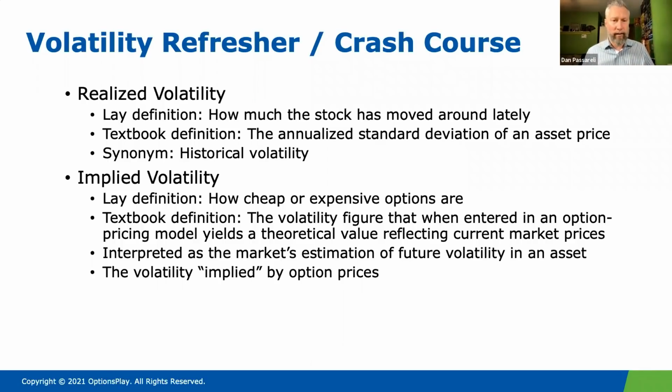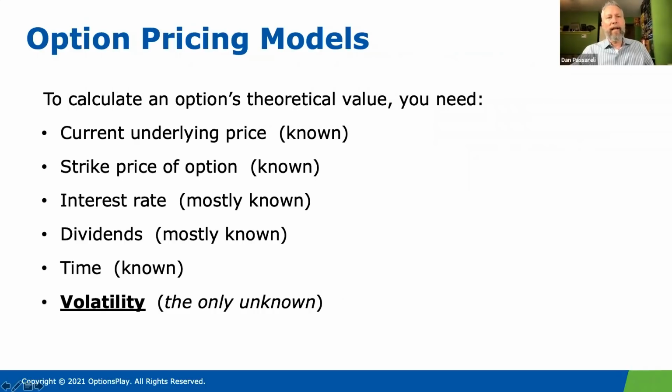The concept of volatility is a breeze. It's how cheap or expensive options are. Now, how do we figure that? Well, let's go back a slide. This volatility, the unknown here in the options pricing model, if that option we were talking about is worth a dollar right now, because it's 99 bid at $1.01, and all 5 of these influences are pretty much known, the volatility influence is this number that gets plugged into the formula, right?